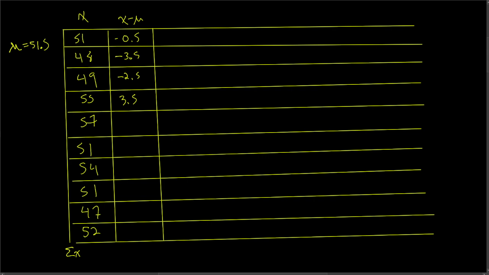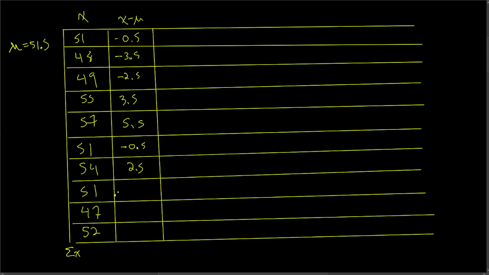57 minus 51.5 is 5.5. 51 we already did, so I'll write that back down here. And 54 minus 51.5 is negative 2.5, or positive 2.5.